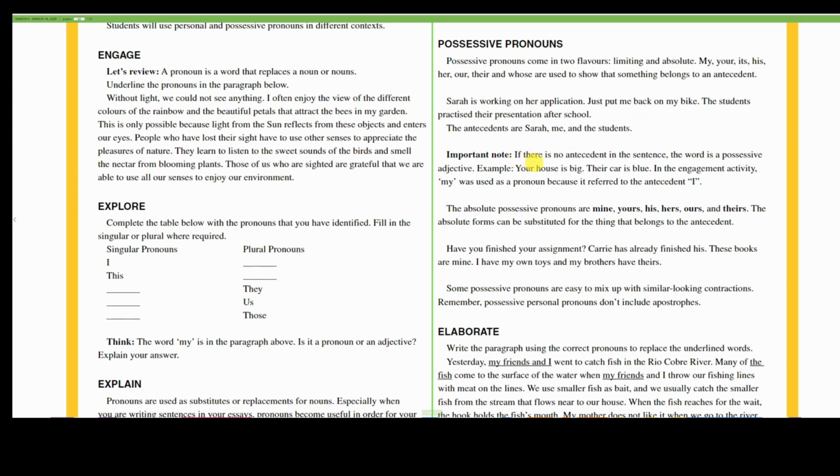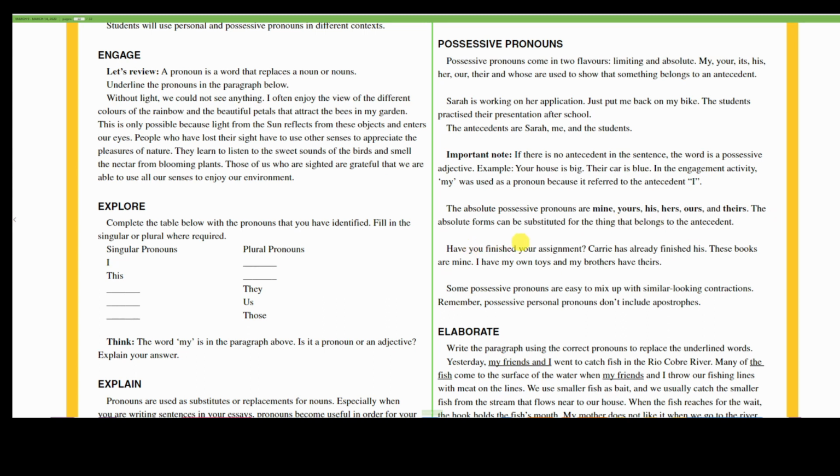Important note: if there is no antecedent in the sentence, the word is a possessive adjective. Example: your house is big. Their car is blue. In the engagement activity, my was used as a pronoun because it referred to the antecedent I. The absolute possessive pronouns are mine, yours, his, hers, ours, and theirs.